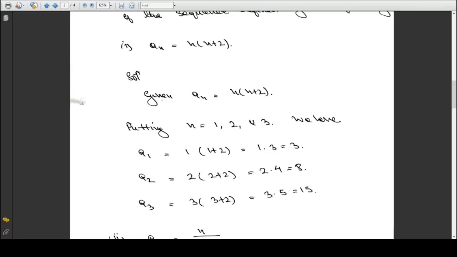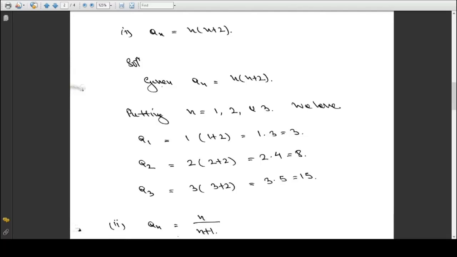Therefore, the first 3 terms are: the first term is 3, the second term is 8, and the third term is 15. Hence the first 3 terms of the sequence are 3, 8, and 15.